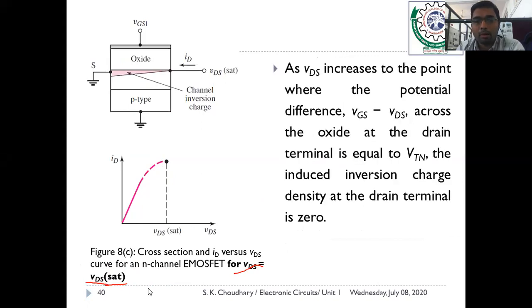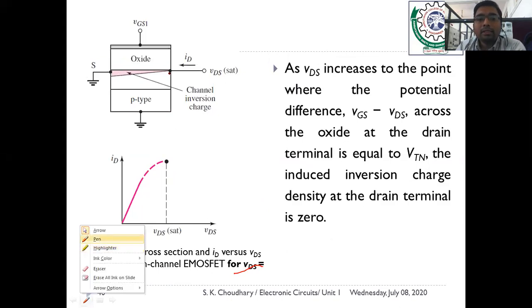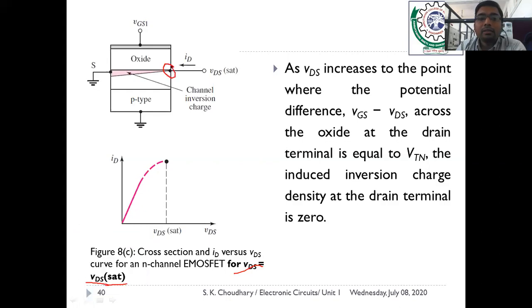You will see the channel near the drain decreases and ends up at one single point.